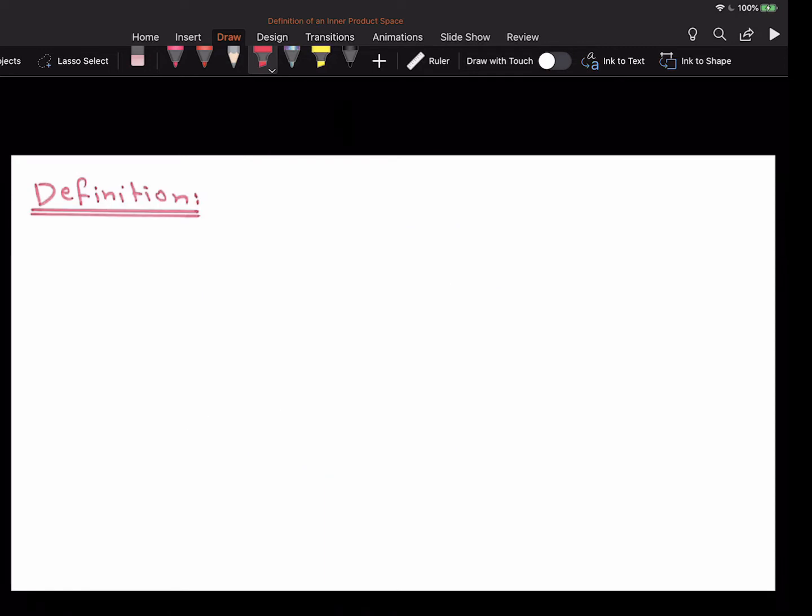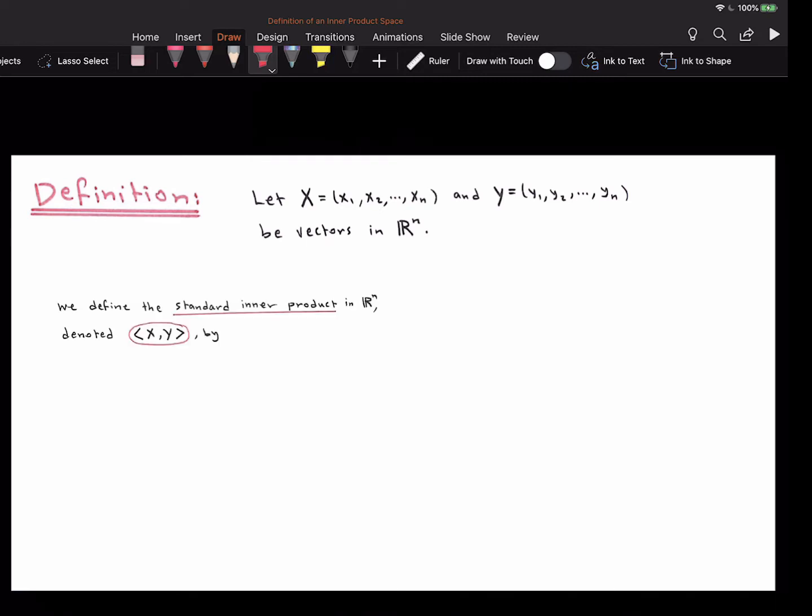Definition. So we have two vectors x and y in R^n. We define the standard inner product in R^n. In short, we write it this way, kind of like the symbols less than and greater than with x and y inside, by the following.